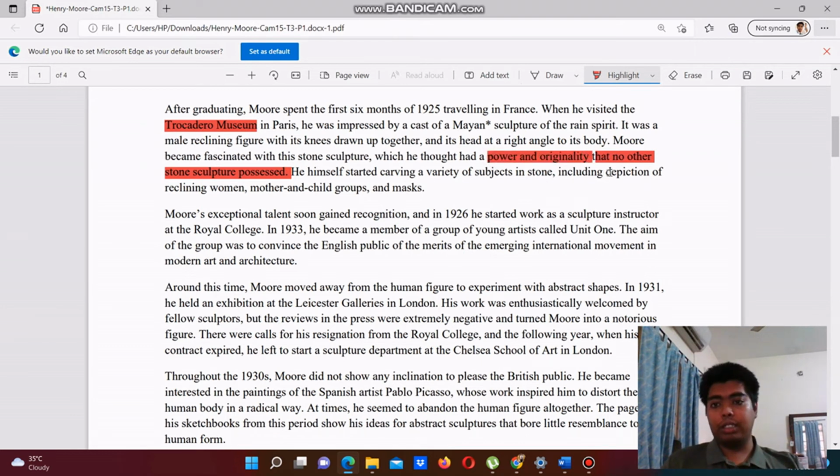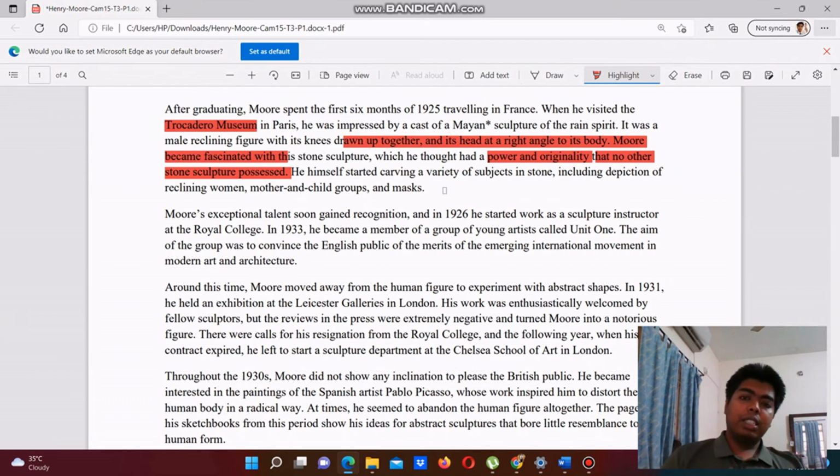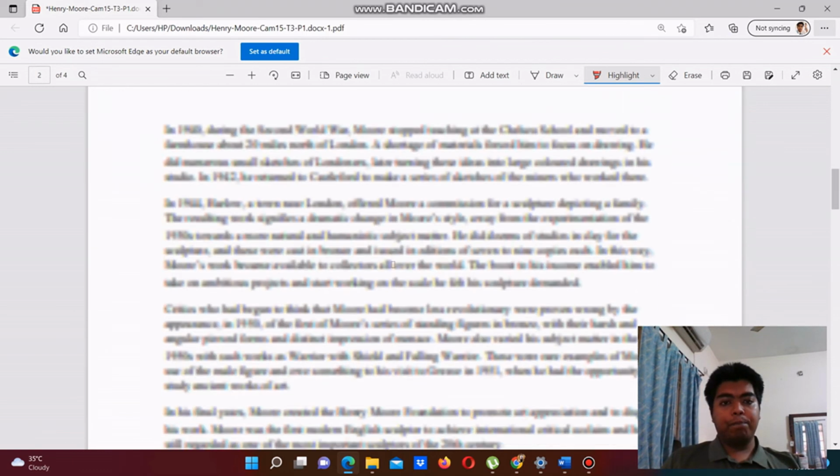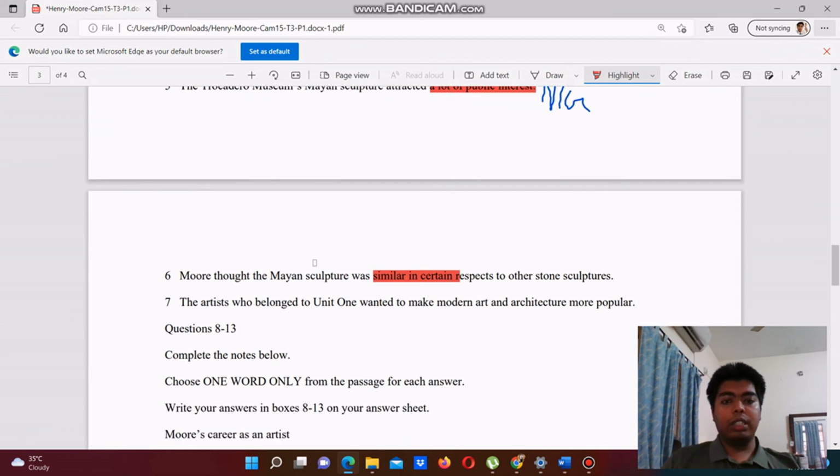It means uniqueness that no other stone sculpture possessed. So Moore thought that this Mayan sculpture, this stone, had some originality that no other stone sculpture had. So basically, it's not similar. Mayan sculpture is different. It has some uniqueness from other stone sculpture, so it will be false.